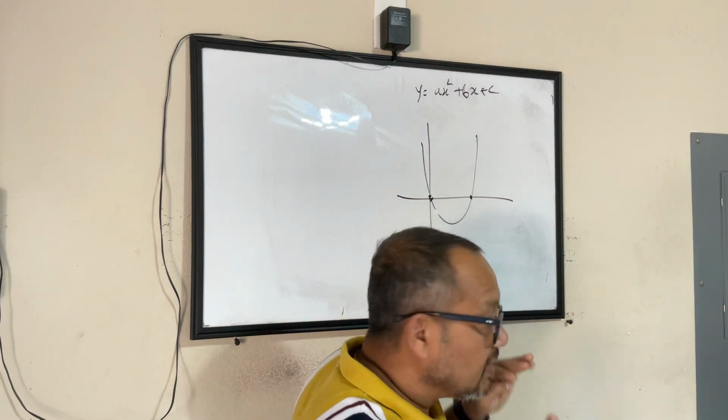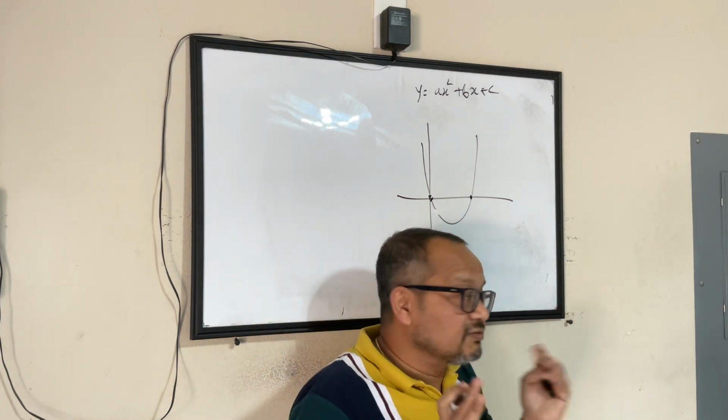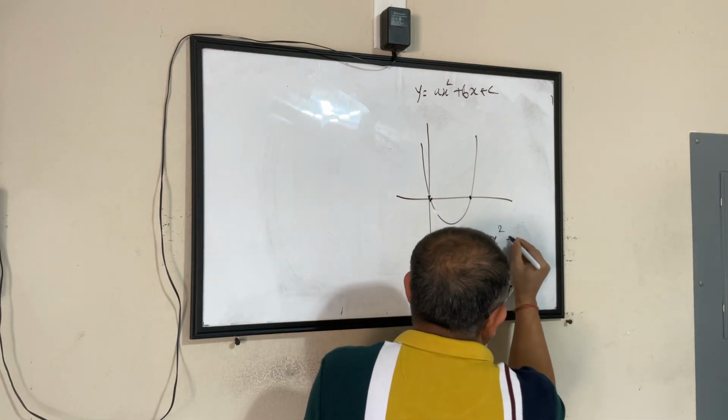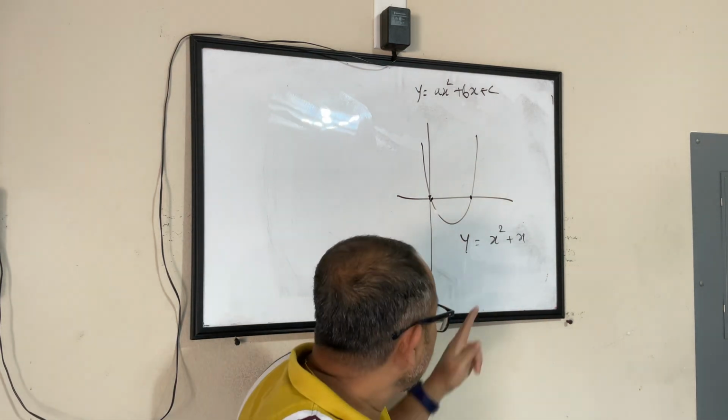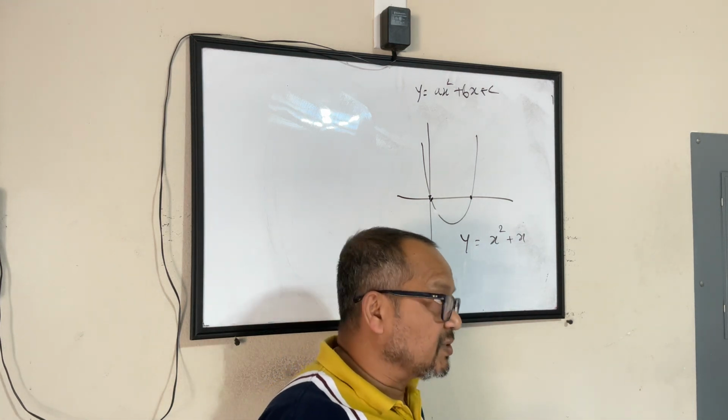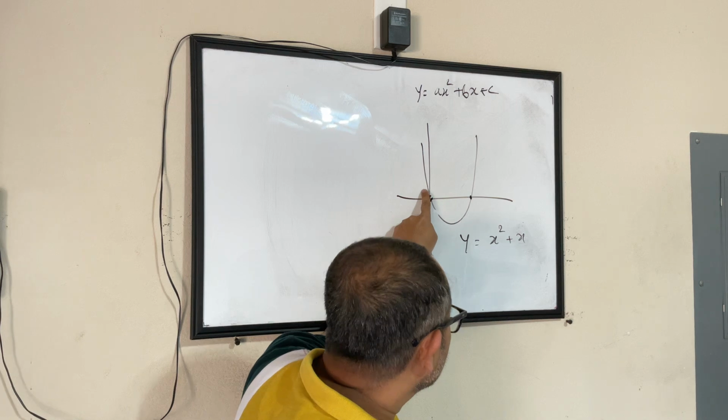Now, this is the visual part of it. If you look at a parabola, let's say y equals x squared plus x, the same example. If I have to find the y-intercept, where will it touch the y-axis?